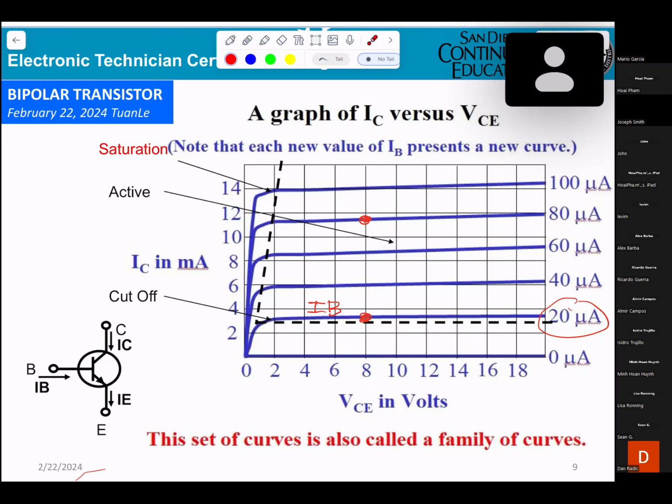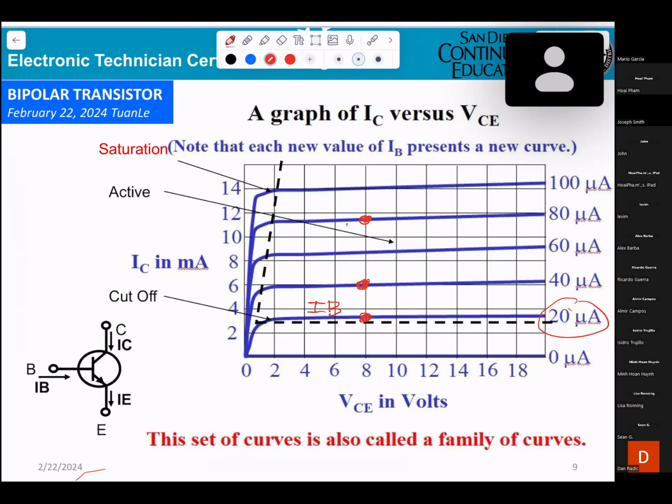So basically the current here depends on IB. If you go to the point here, IB is 40 microamps and the IC will be 6 milliamps. So this point gets a higher IC than this point.